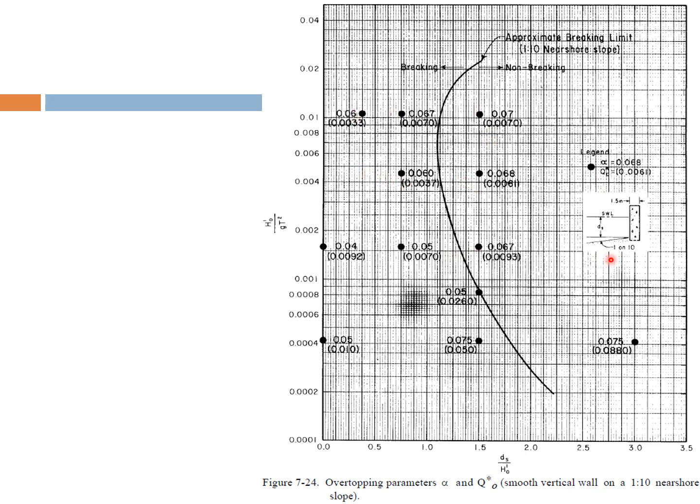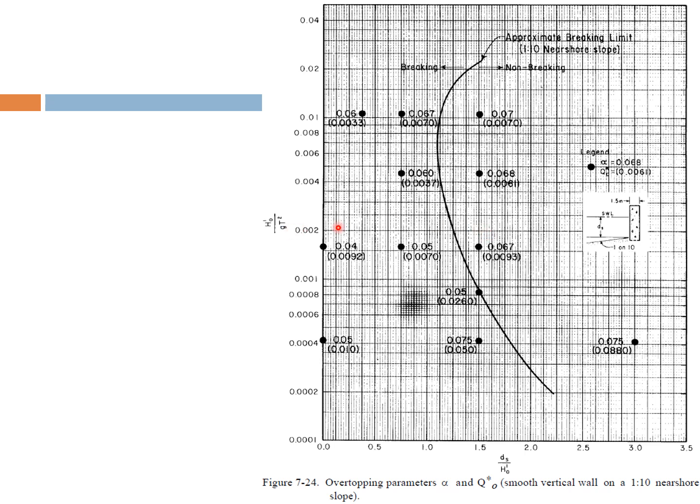And this plot is only valid for a vertical structure like this. We need to know what is the ratio of ds over H naught prime and also H naught prime over g T squared in order to locate the position.